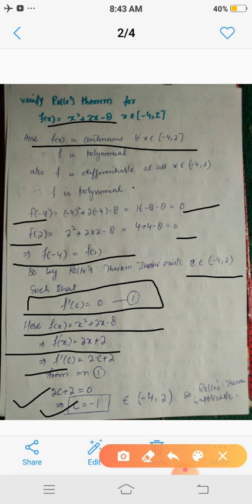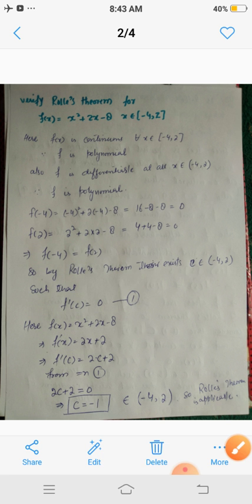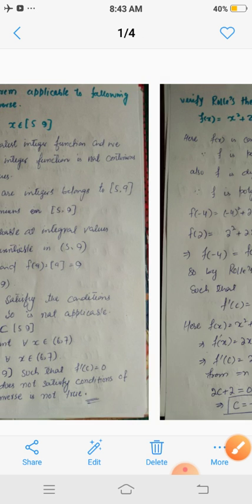Here minus 1 belongs to the open interval minus 4, 2, which implies that Rolle's theorem is applicable because there exists a point c in the open interval minus 4, 2 such that f dash of c equals 0. So for this function Rolle's theorem is applicable and we find such c.